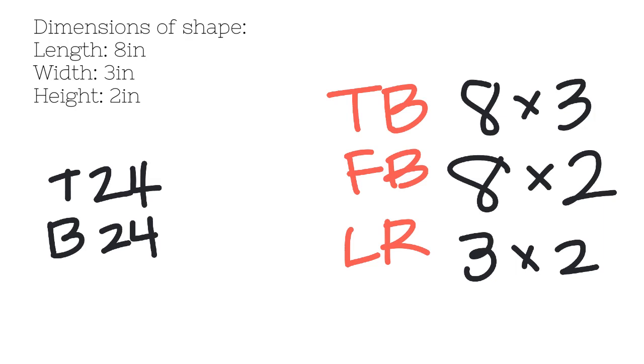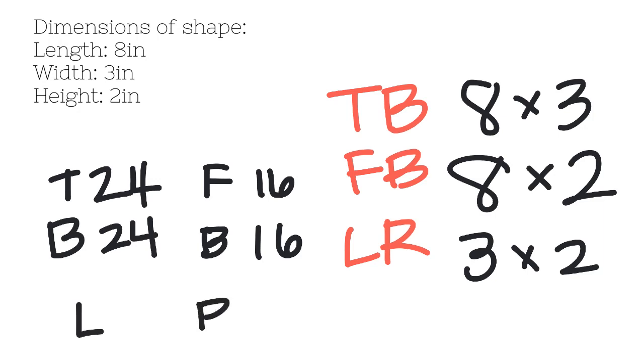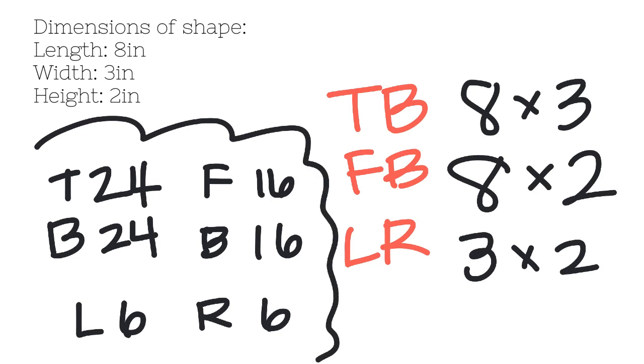If I know that the front and the back each have an area of 8 by 2, that means the front has an area of 16 and the back has an area of 16. And then the last one is the left and the right. So it shows me 3 by 2 for the left, which equals 6, and 3 by 2 for the right, which also equals 6.